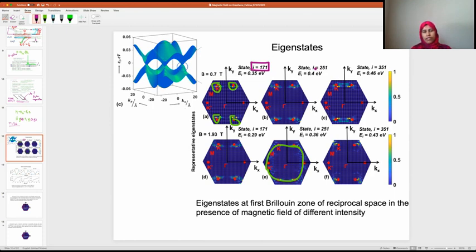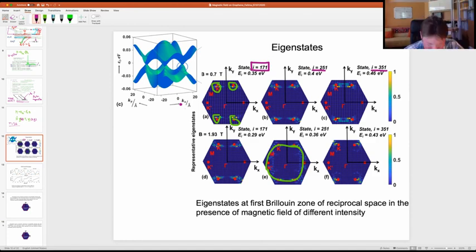All right, so my question would be, as a reference, what would be the distribution without the magnetic field? Does it change the distribution very much? You mean, does the distribution depend on the magnetic field? Yeah, it depends.